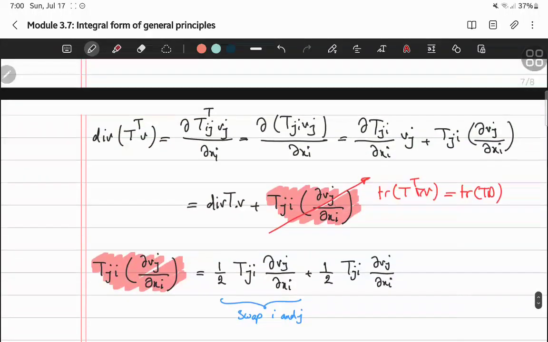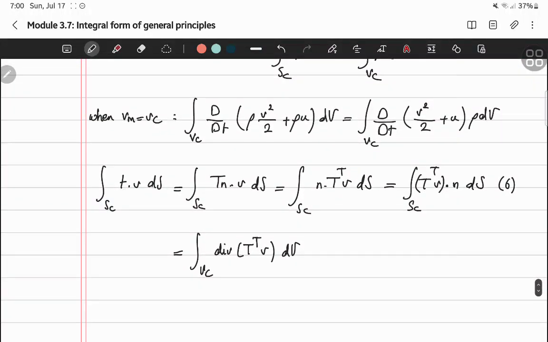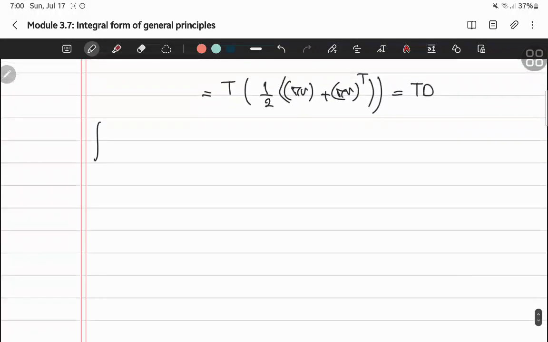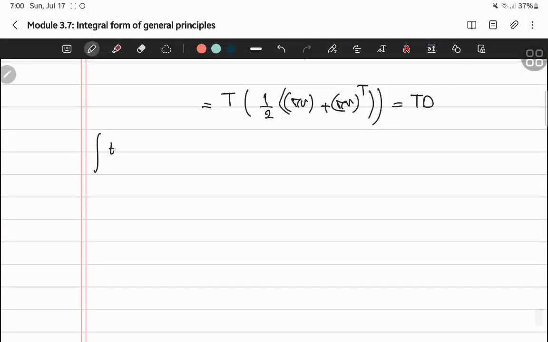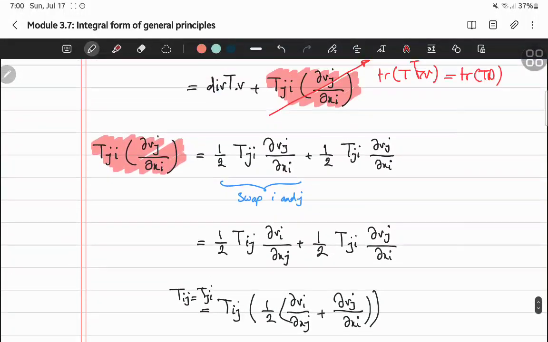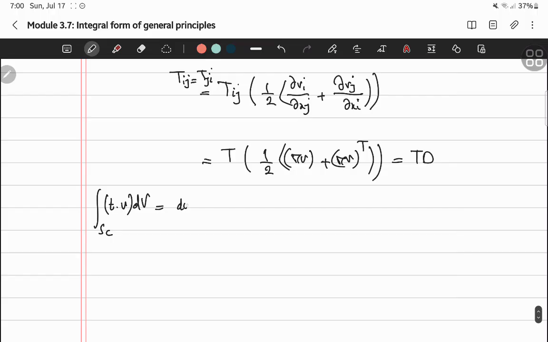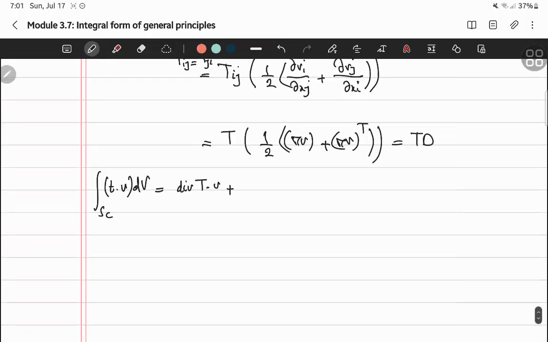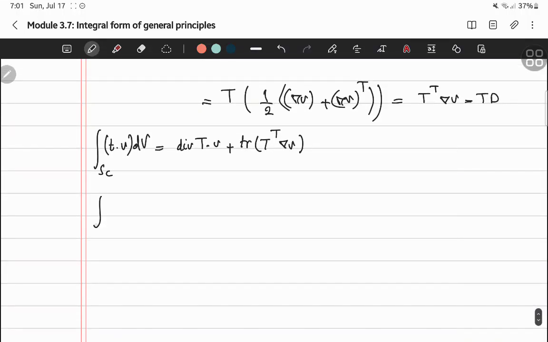So the integral of now t dot v is equal to this value, so t dot v dV over V_c is equal to, first we have the divergence of t dot v, plus this trace, the trace of t transpose del v, or t D. So we also have q dot n dS over S_c.